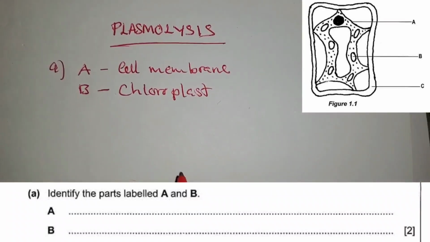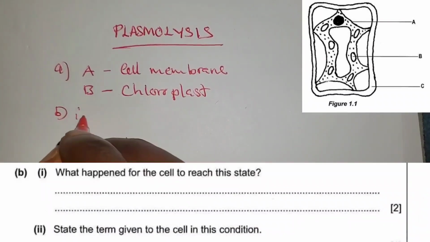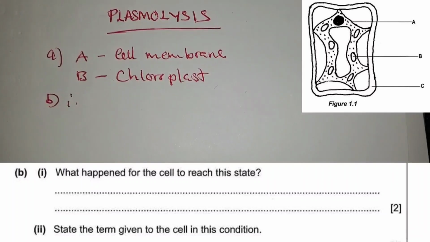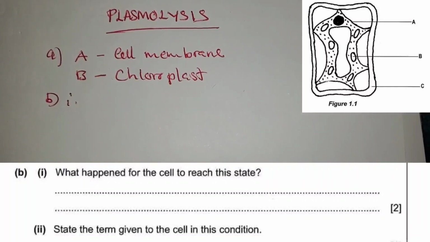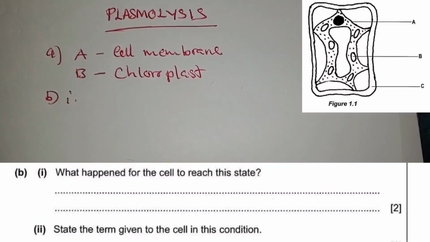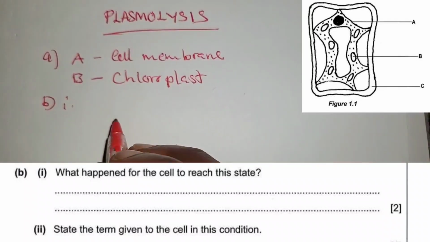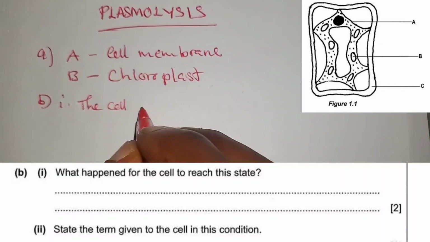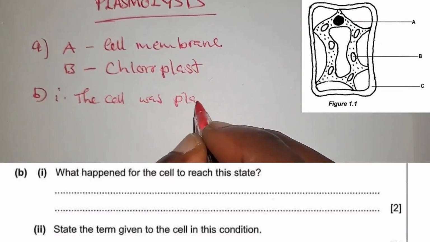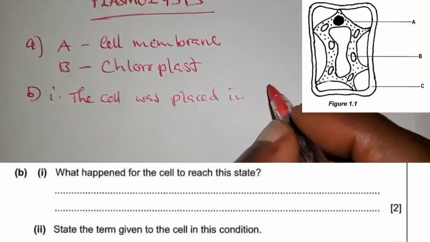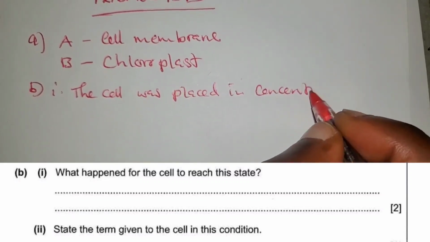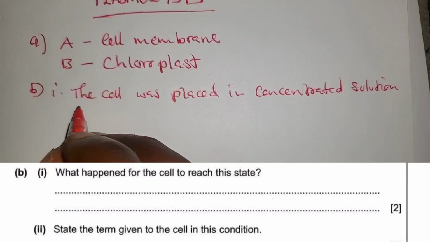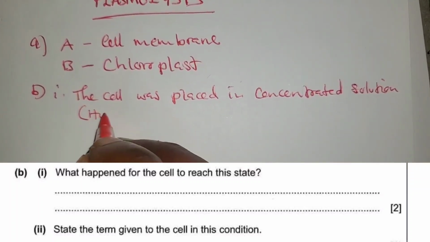Then question B1, they're saying, what happens for the cell to reach this state? You can say the cell was placed in concentrated solution, in brackets, a hypertonic solution.